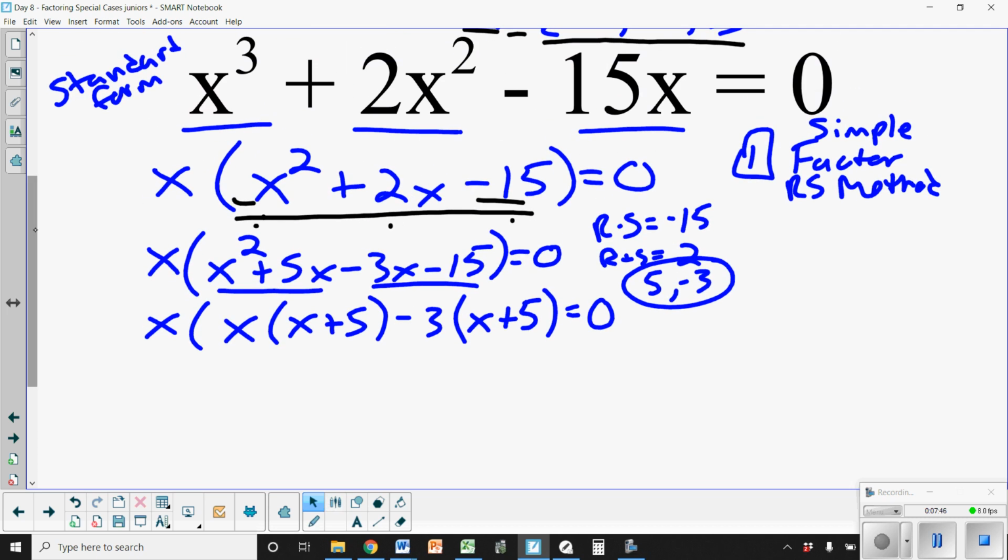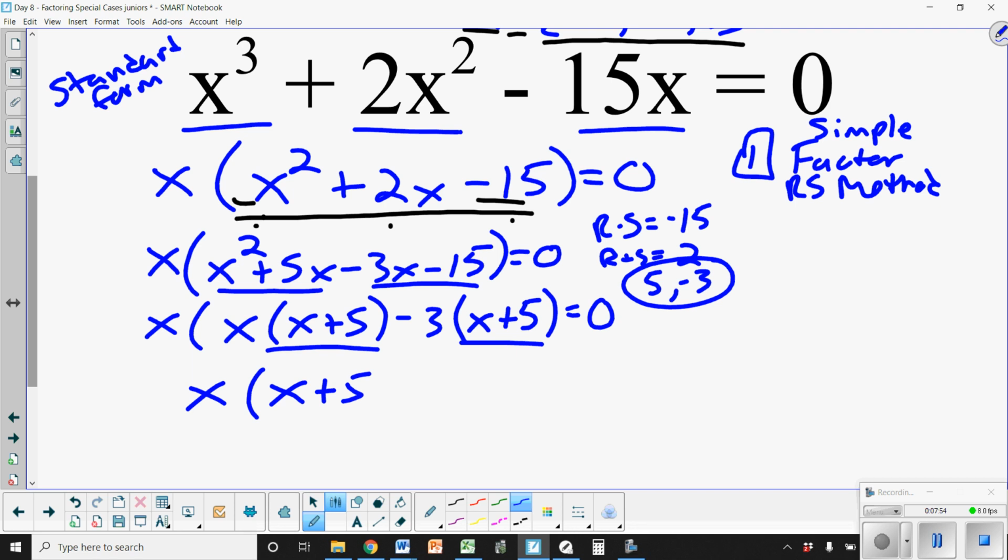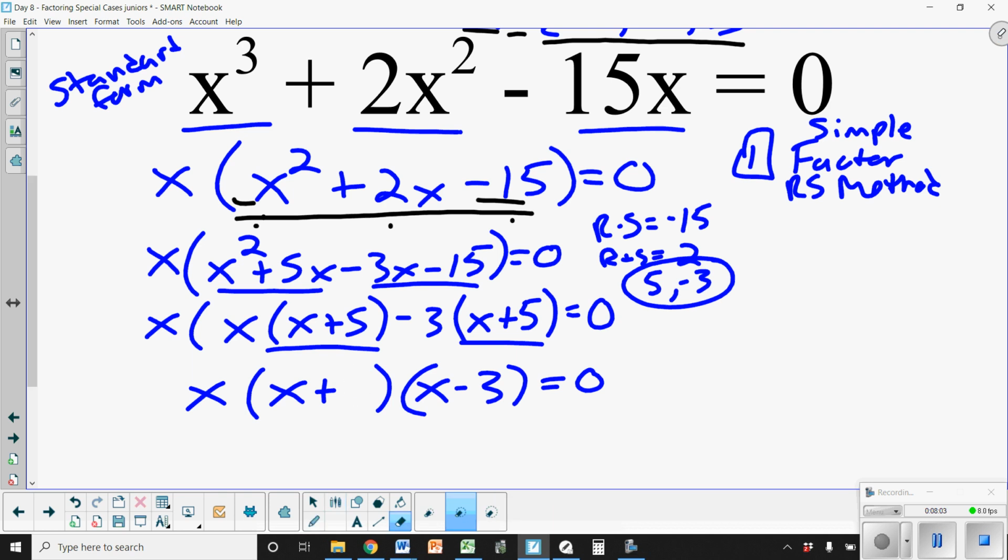All right, so we're back here. We see x plus 5, x plus 5. So we have this x out front, we have x plus 5 that we're going to factor out, and then we have x minus 3. And notice all this is equal to 0. It's very similar to what we have from that first example that we looked at. So we have three things: x, x plus 5, x minus 3.